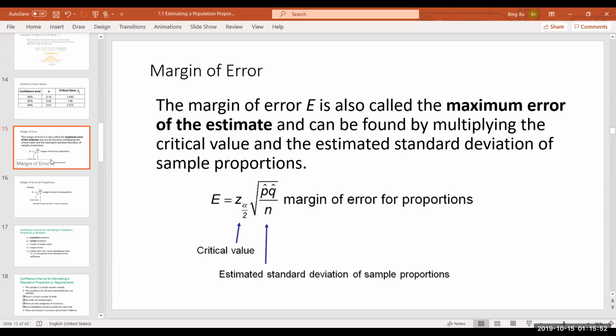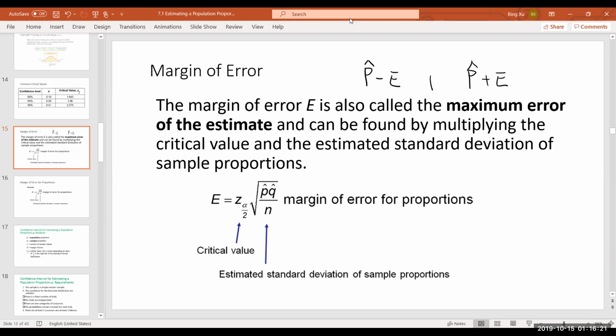Margin of error is the maximum error of the estimate. Like we said earlier, when you have your best point estimate, P hat minus E, the margin of error, is the lower bound of your value, and P hat plus E is the upper bound of your confidence interval.